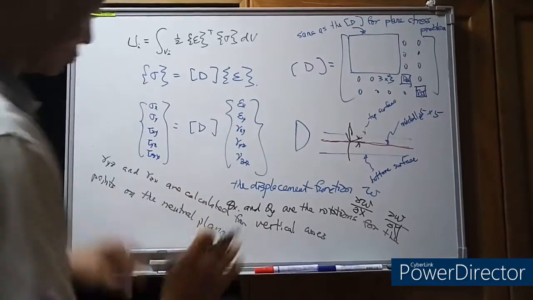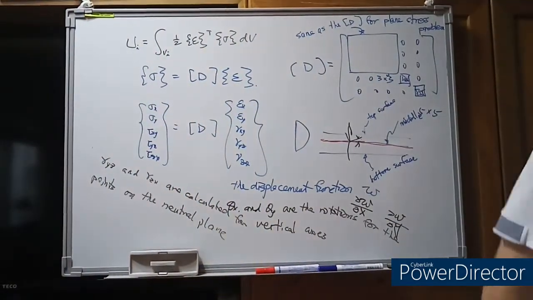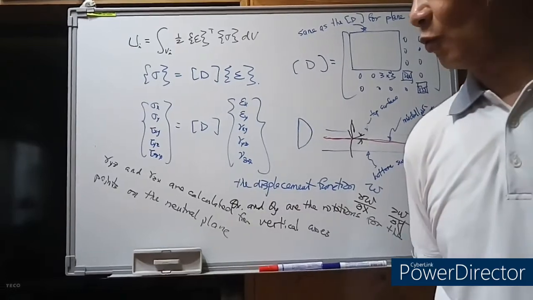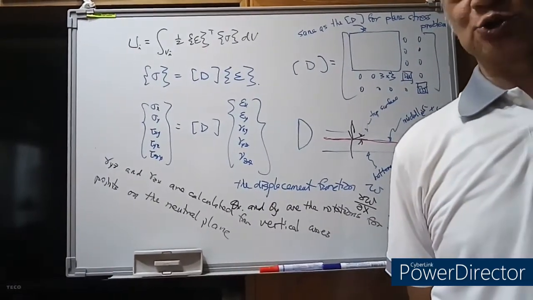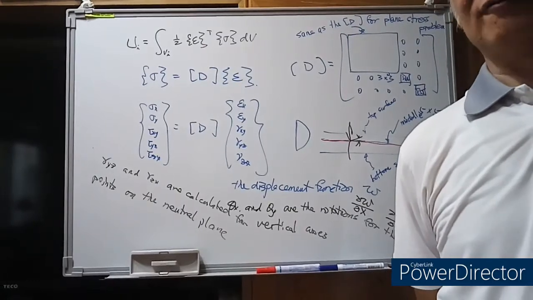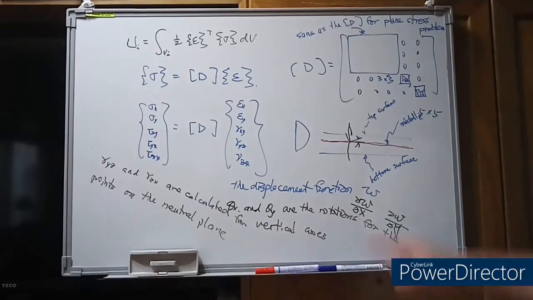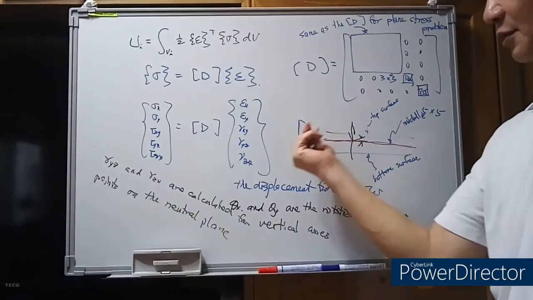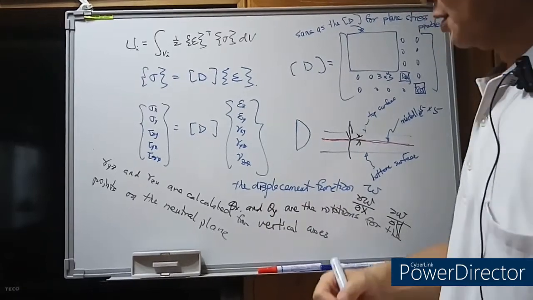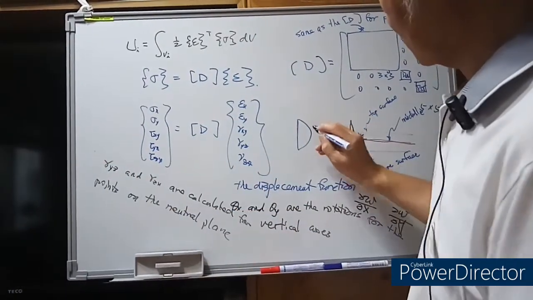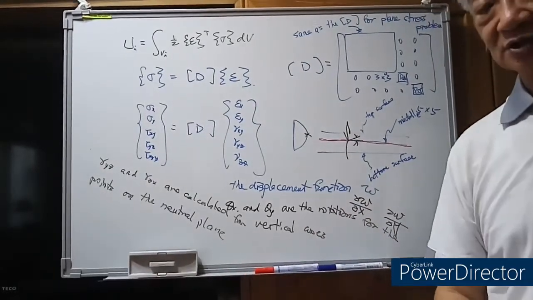Okay, remember this sentence. The calculated gamma yz and the gamma zx are the shear strains for the points on the neutral plane. Okay, but remember the shear strains are not constant throughout the thickness. So these two are the shear strains for this one.